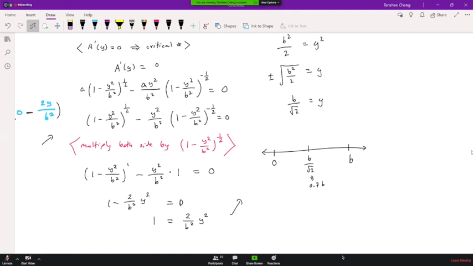So, let's test it. I need to choose a point. What are we testing? We are testing the value of a prime of y, the derivative function. So what we're going to do is put in 0.5b, we can test that, and we can put in 0.8b, we can test that.